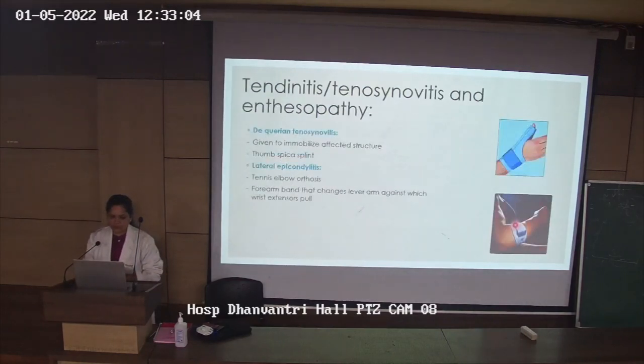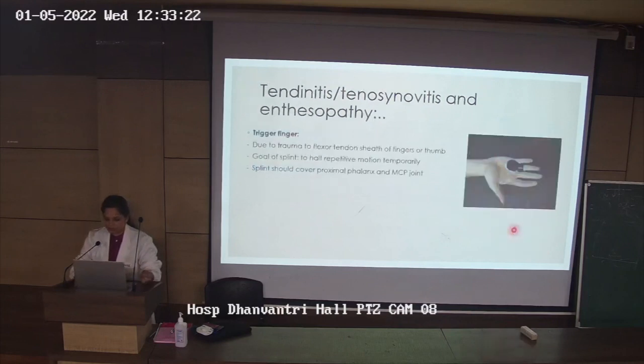The tendinitis or synovitis and enthesopathy splints are given for de Quervain's tenosynovitis to immobilize the affected structure, or lateral epicondylitis or tennis elbow orthosis, which is given to change the forearm lever against which the wrist extensors pull. Then the trigger finger, which is due to trauma in the flexor tendon sheath that stops the movement of the PIP joint.